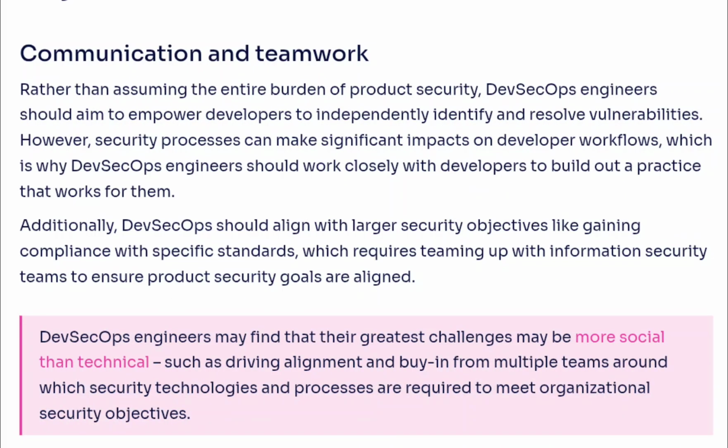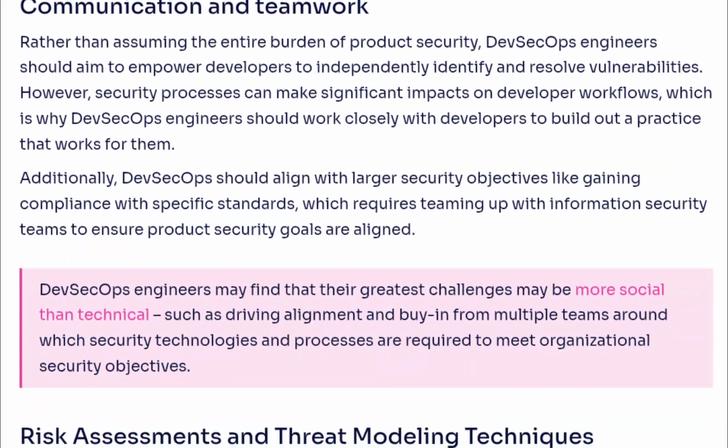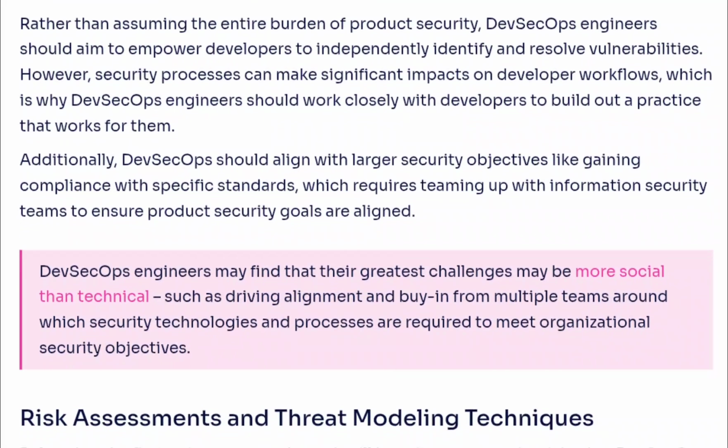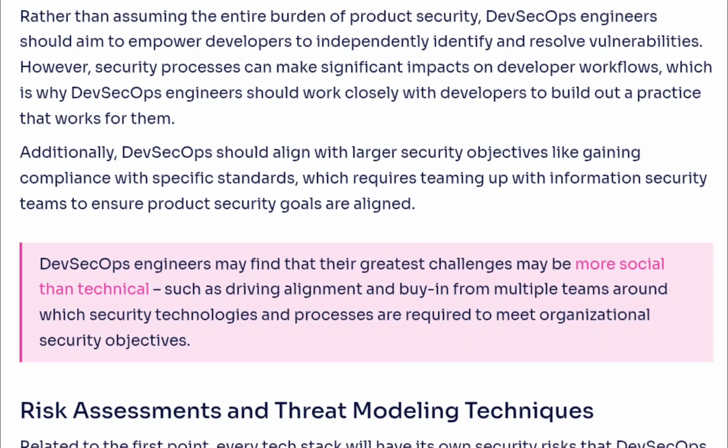And communication and teamwork: definitely, communication is very much required as a DevSecOps engineer. You need to work collaboratively with the different teams to make things flow seamlessly. The security process can make a significant impact on the developers' workflows, which is why DevSecOps engineers should work closely with the developers.